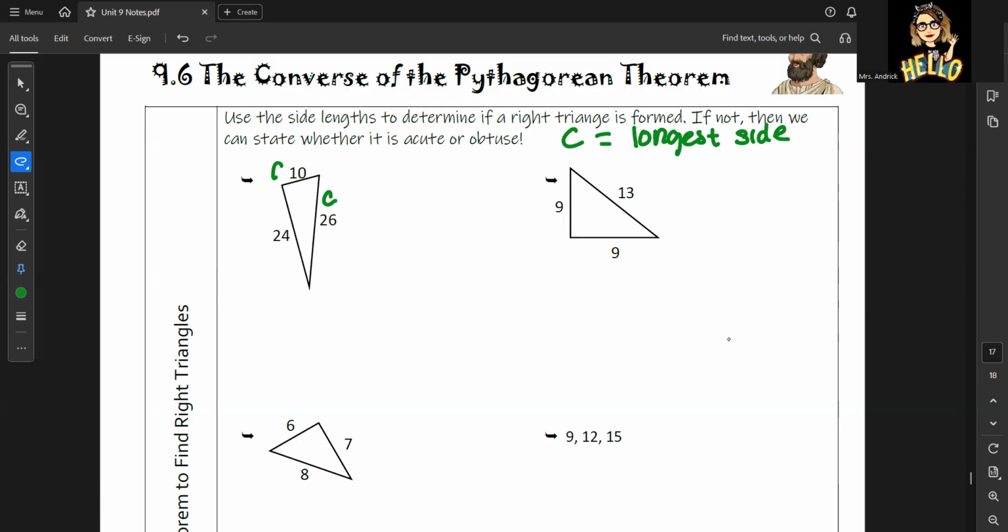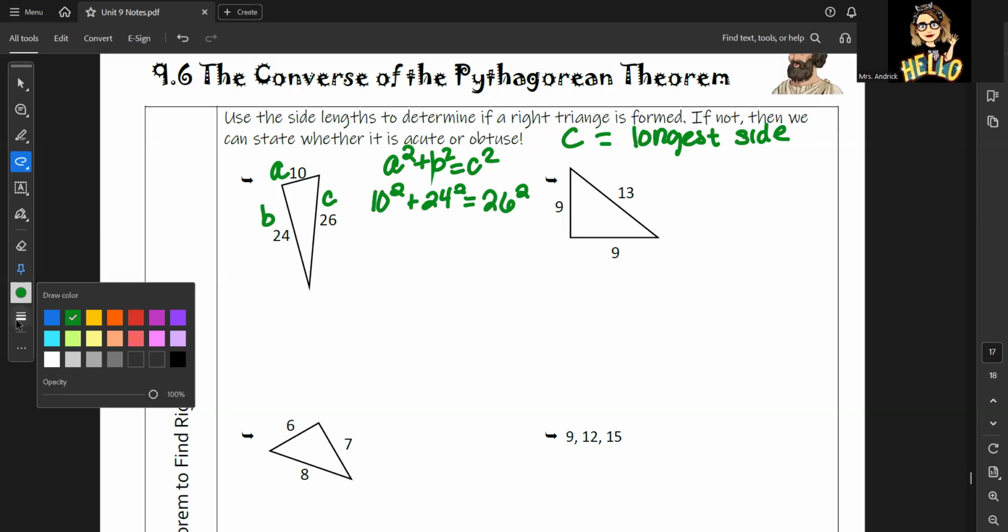So this is C, these are A and B. Then we're going to plug in for A squared plus B squared equals C squared. We're going to plug in the numbers. So 10 for A, 24 for B, and 26 for C. And then we will work on doing the math there.